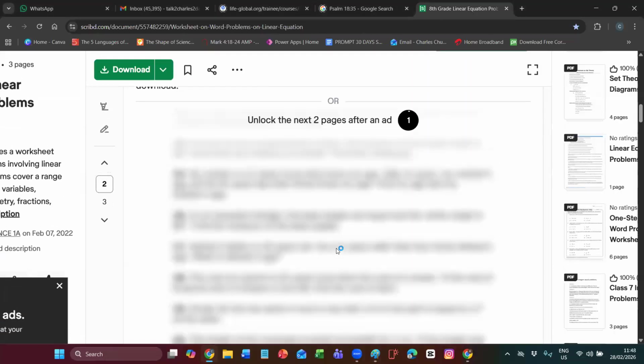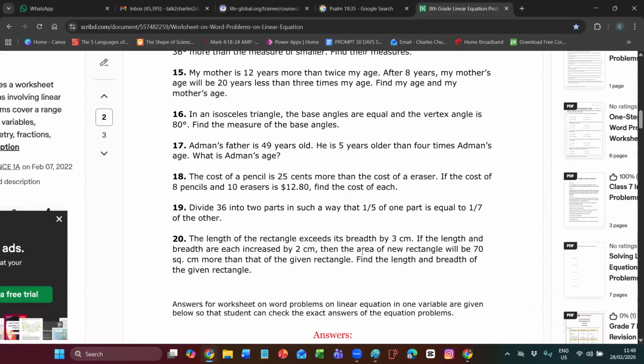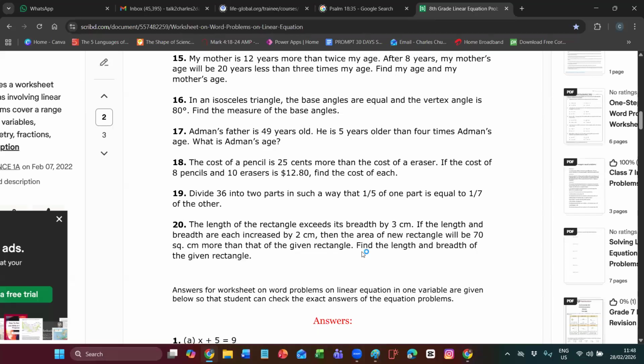What will be equation two? The cost of 8 pencils and 9 erasers is 12 points. And 10 erasers. Yeah. So how should we form the second equation from there?